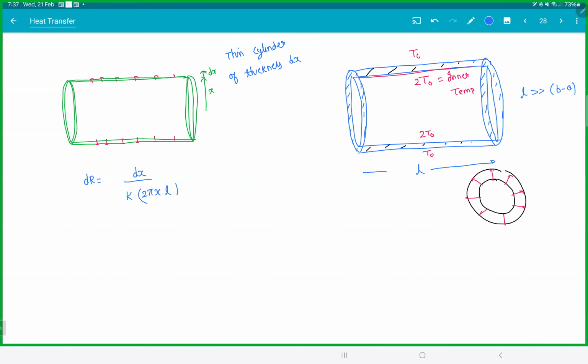Are you able to visualize? The heat is flowing through the entire curved surface of the cylinder. Meaning, if I draw the side view now, maybe you'll understand. Heat is coming out like this. Are you able to visualize how it is coming out? Did you ever see this thing?